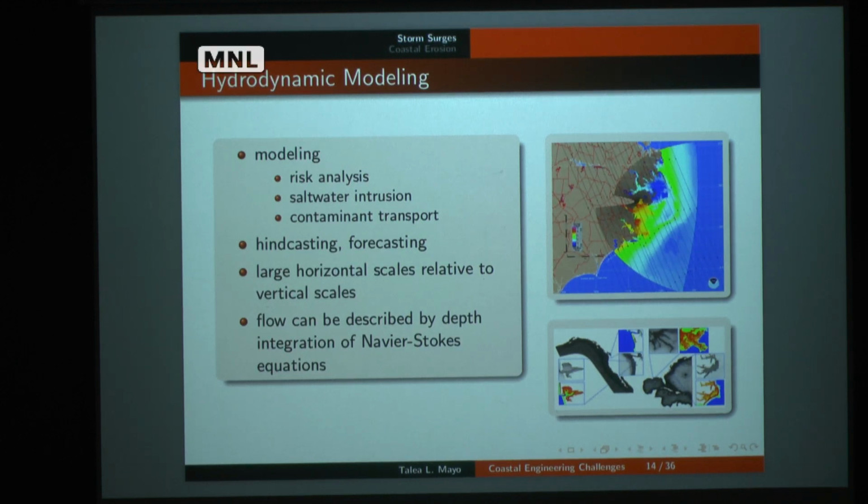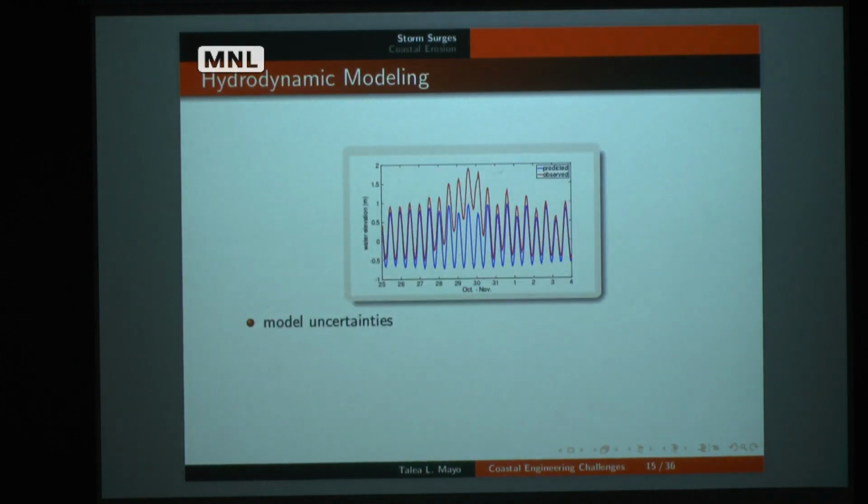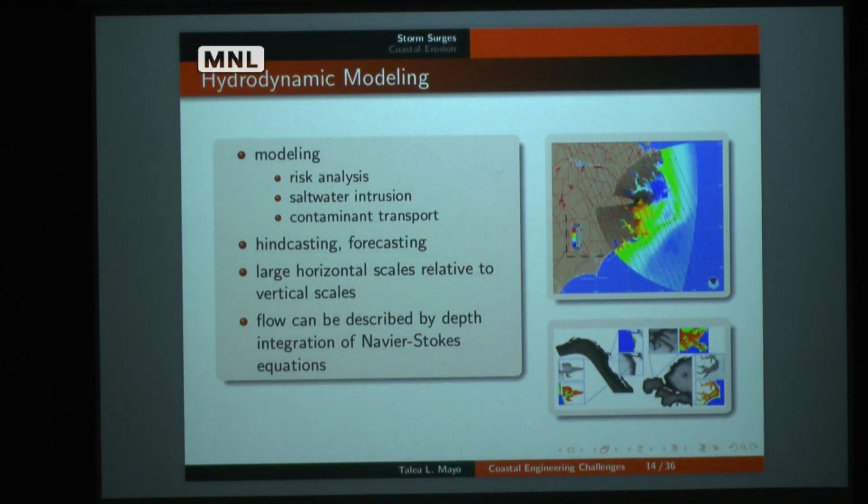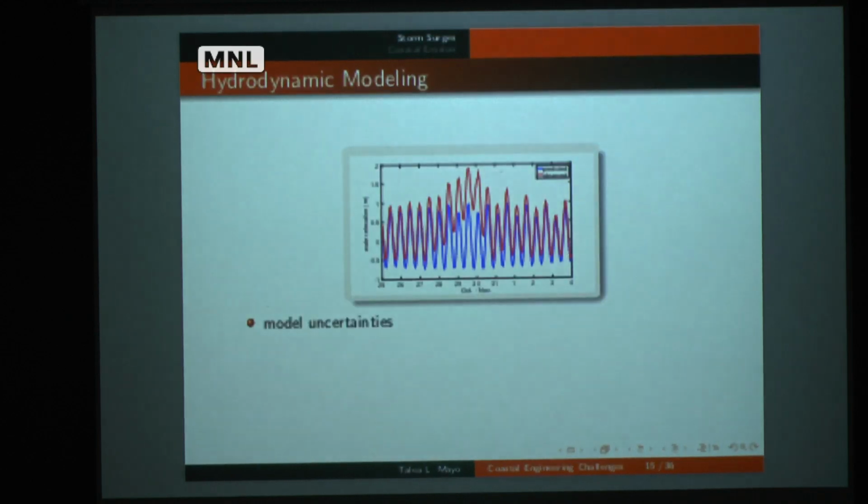The hydrodynamic models that we use are based on the shallow water equations, which assume that you have a large horizontal scale relative to the vertical scale. So shallow, even though it's the ocean, because we're talking about near shore. If you make that assumption, you're able to depth average Navier-Stokes, and then you get the shallow water equations. I didn't show them, but I could have. They're just a set of PDEs.